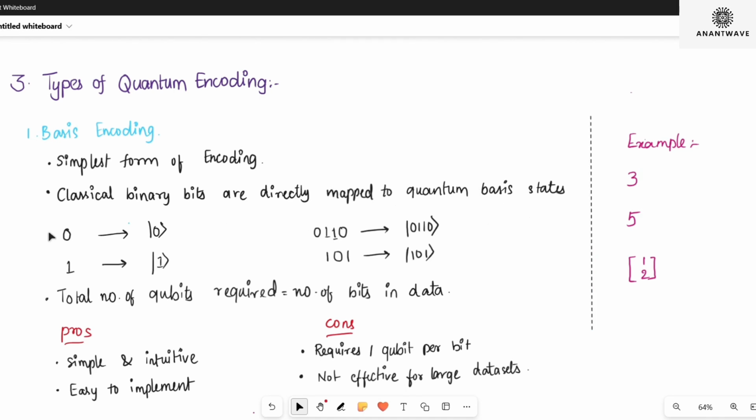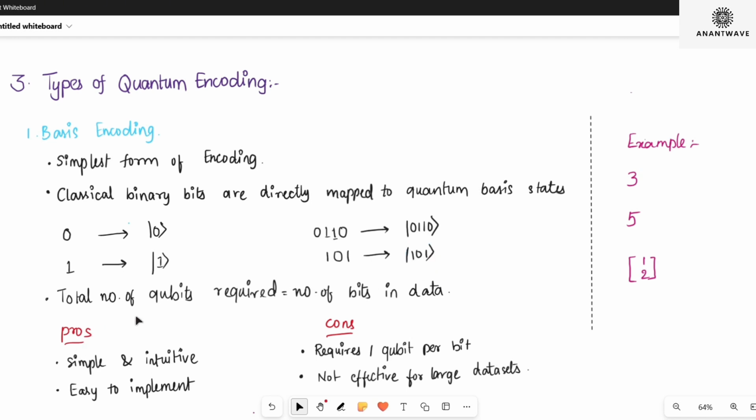That is, if there is a bit 0, then it is represented as ket 0. If there is a bit 1, then it is ket 1. If there is a binary number 0110, it is directly represented as ket 0110 in quantum states. And if there is 101, it is directly represented as ket 101.